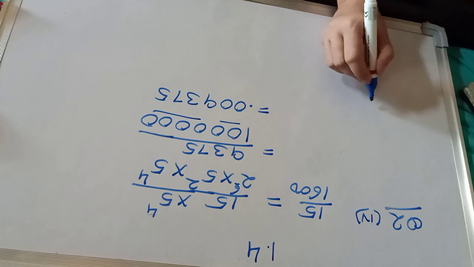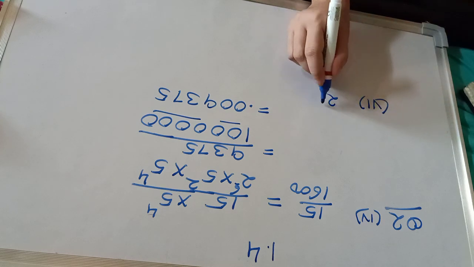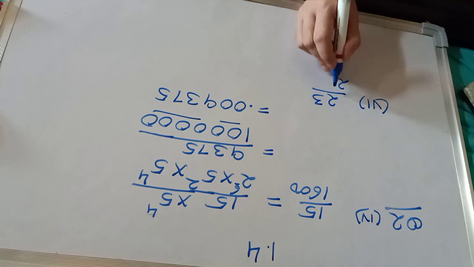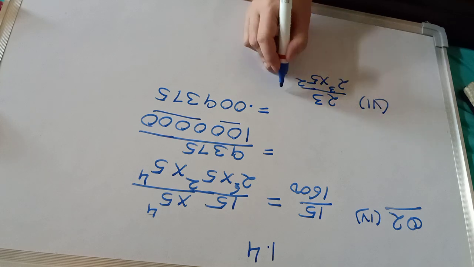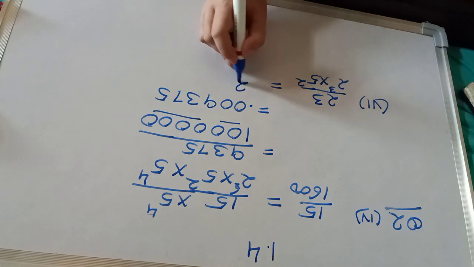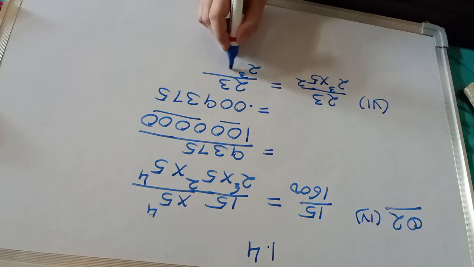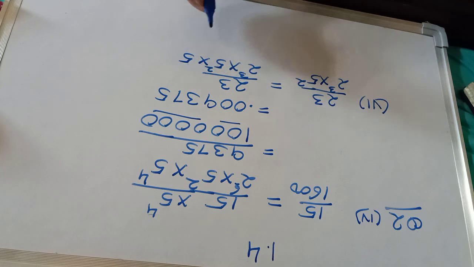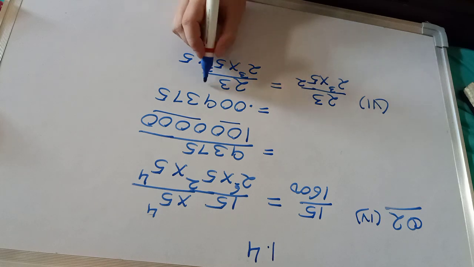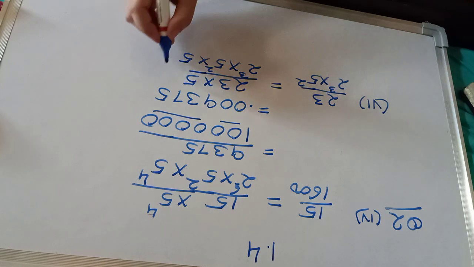Then come to next. Next was your 23 upon 2 raised to power 3 into 5 square. With which I need to multiply here? I have 2 raised to power 3, 5 square already, means I need only 5 here, and just multiply with the 5.